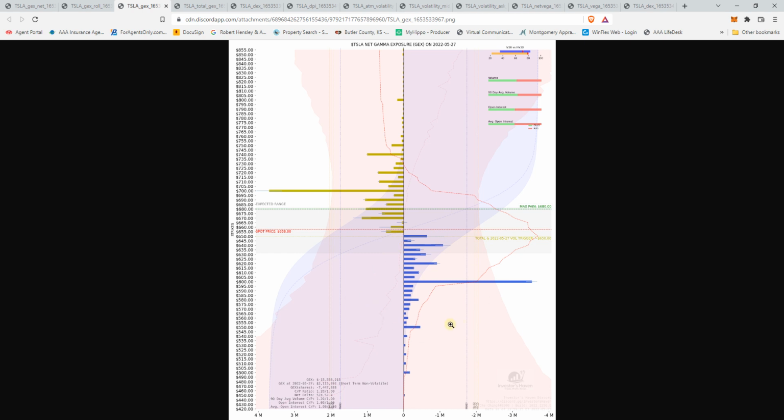The people that are exposed here in puts, their puts are losing value. And what happens when they're losing value? Eventually they reach their point where they've got to close them out, or the dealers start closing them out because they don't need to hedge against the delta. What that's going to do is cause this exposure to shrink, and it's going to push price higher.